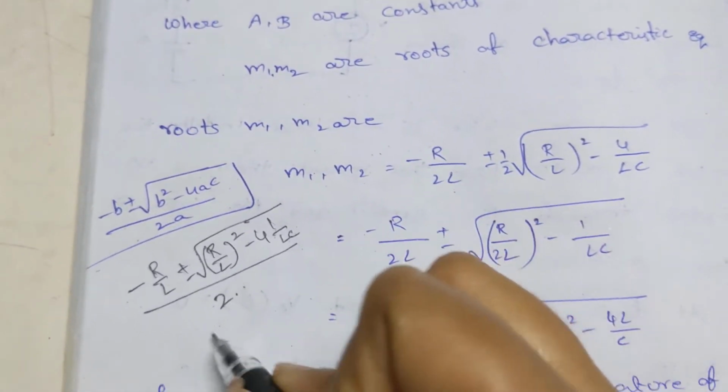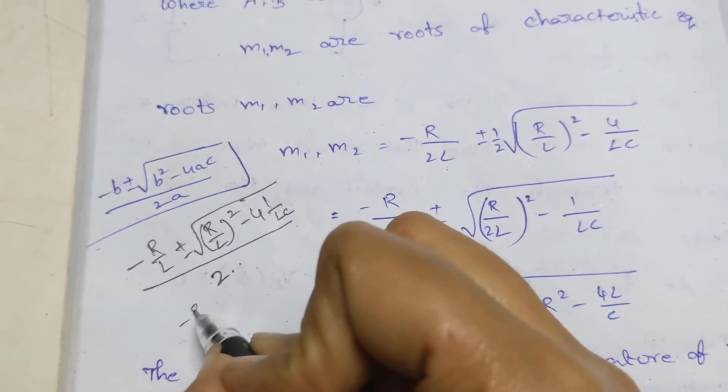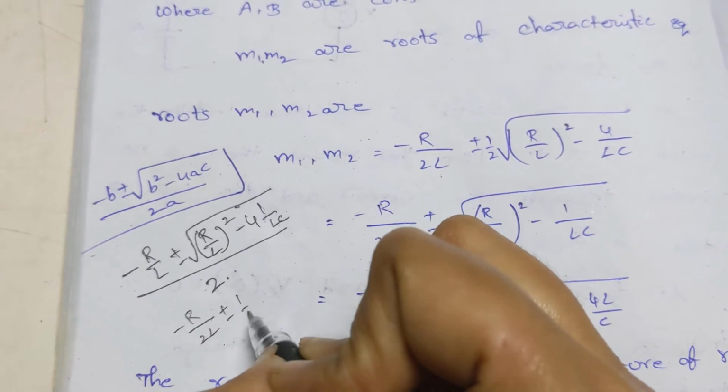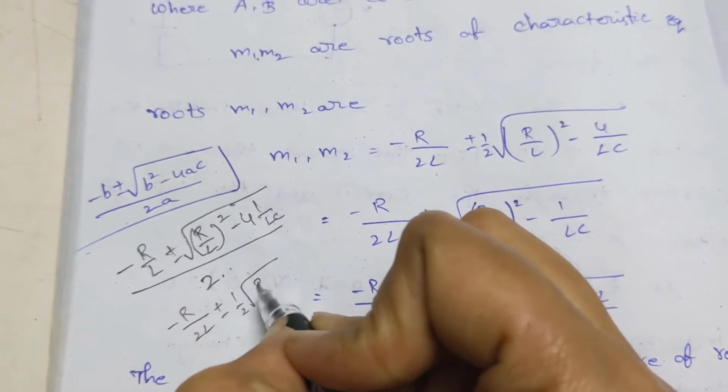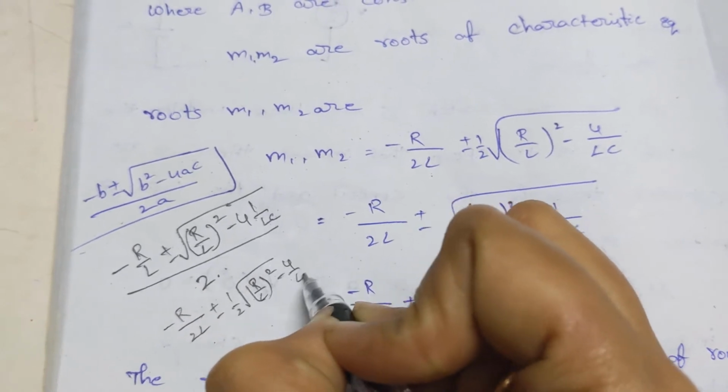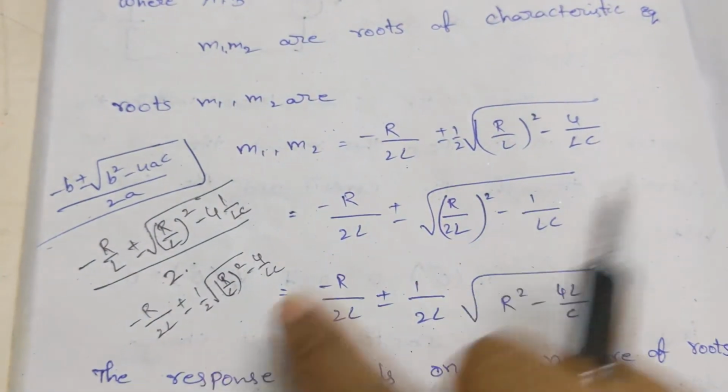So if I take it, R divided by 2L plus or minus 1 divided by 2 root over R by L whole square minus 4 divided by LC. This is the way how we get it.